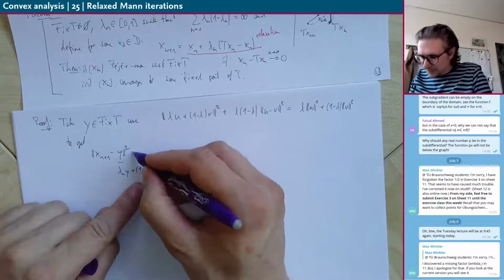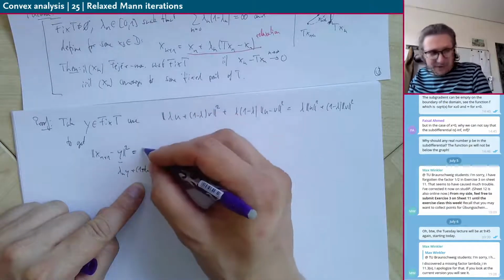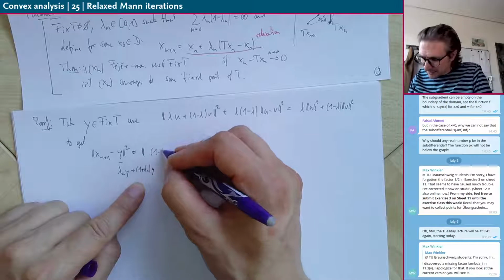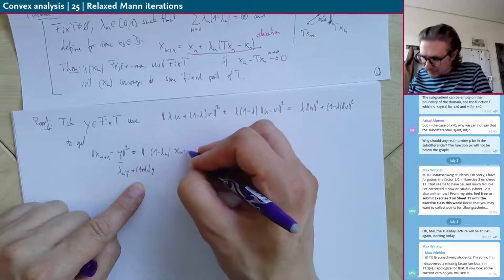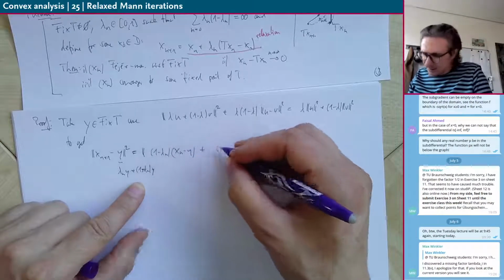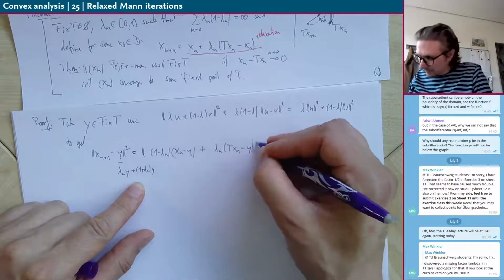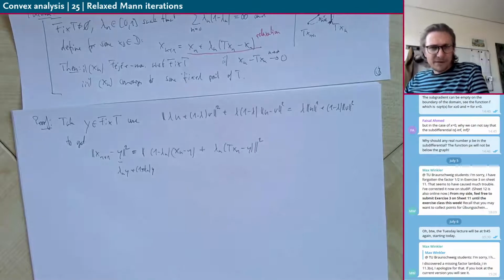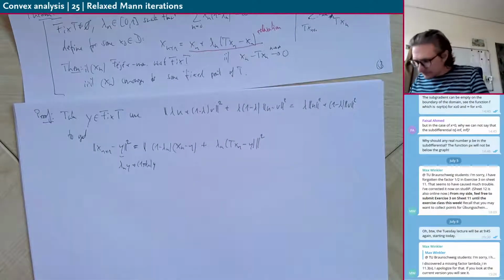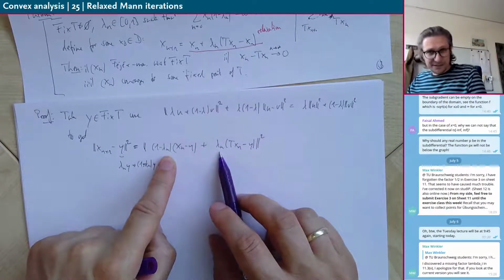Right? And then if we do that, we can put everything together and get 1 minus lambda n times (xn minus y) plus lambda n times (T xn minus y). So that's basically the trick already to get this convex combination in here in this square.